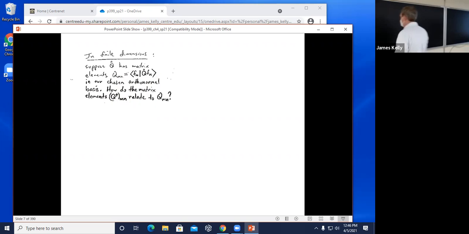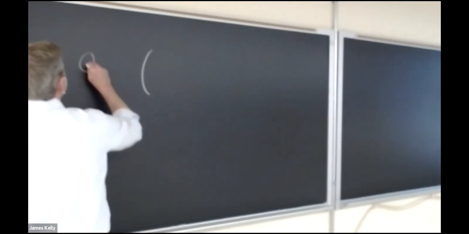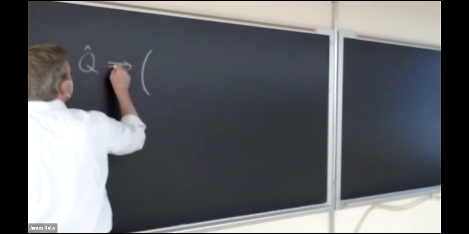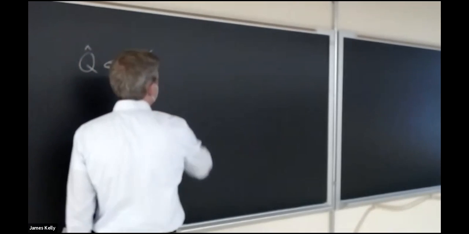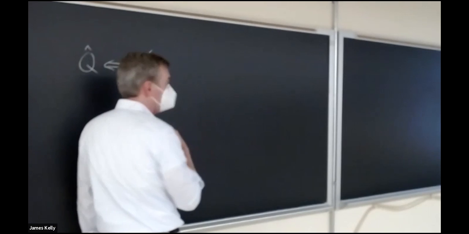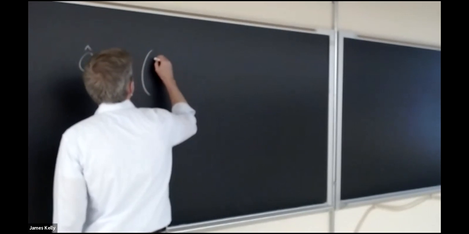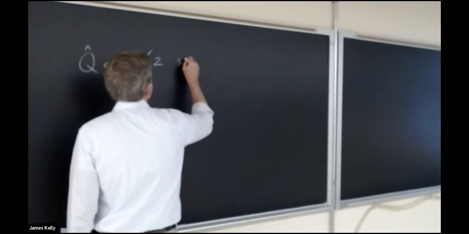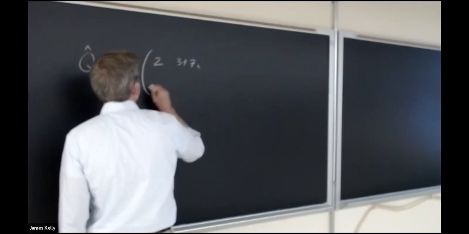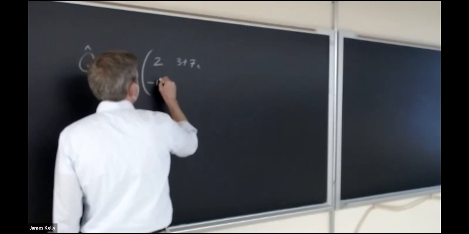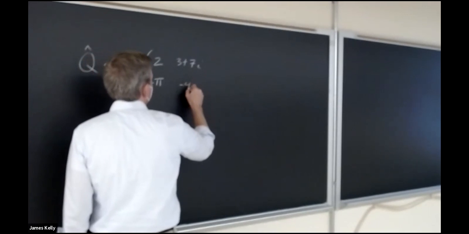If I give you a bunch of matrix elements, let's say it's a 2 by 2 matrix, this is the question. Suppose Q is represented by matrix elements. We'll make it a 2 by 2 operator, kind of like the ones we were doing before. 2, 3 plus 7i, I'm just putting some random numbers in here, minus pi, minus 4.2.